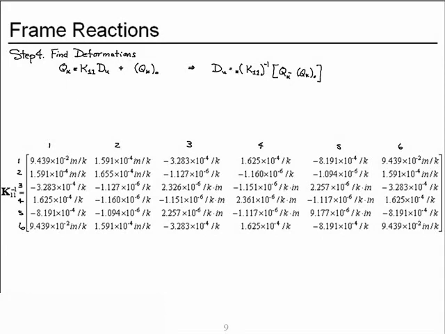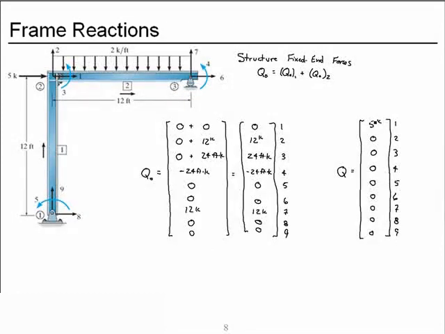And so to find our unknown deformations, we have to multiply this matrix here by the difference between these two vectors. So let's find that. And so we have Qk minus Qk naught. And for our 6 degrees of freedom, Qk is this portion, because our 6 unconstrained degrees of freedom are 1 through 6, and Q naught are these.